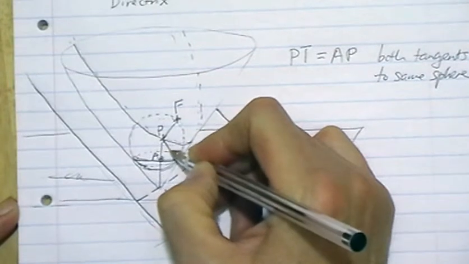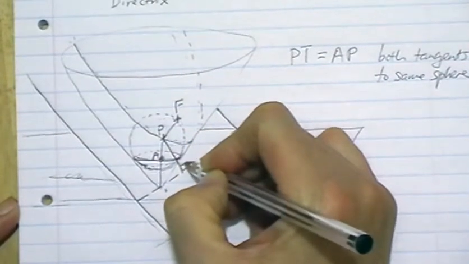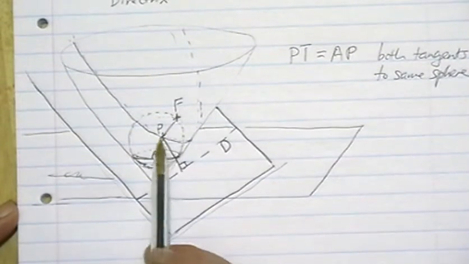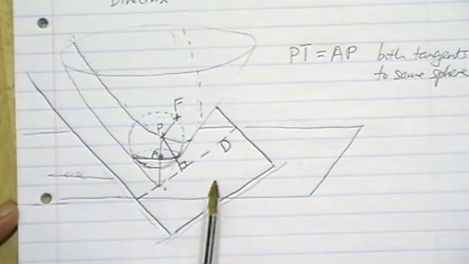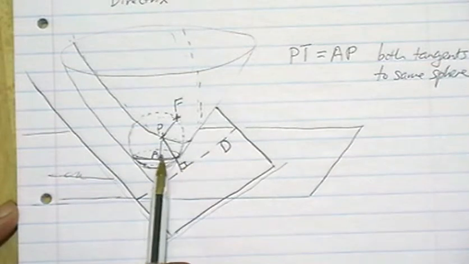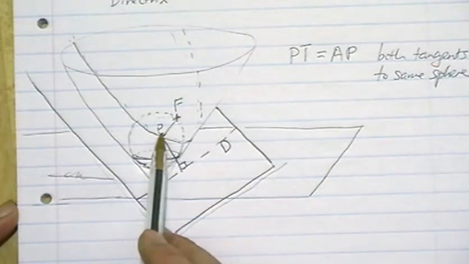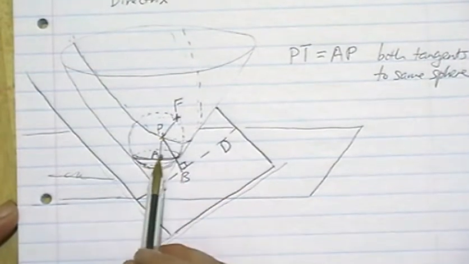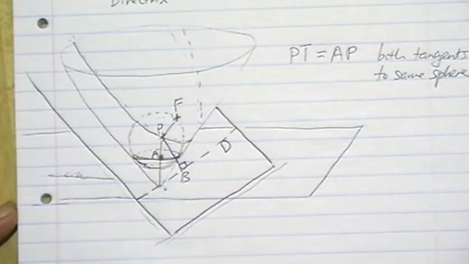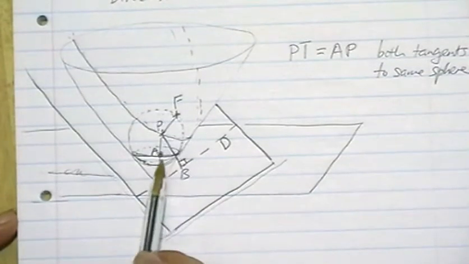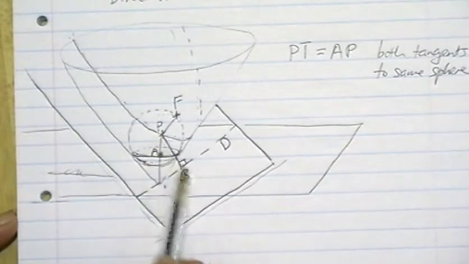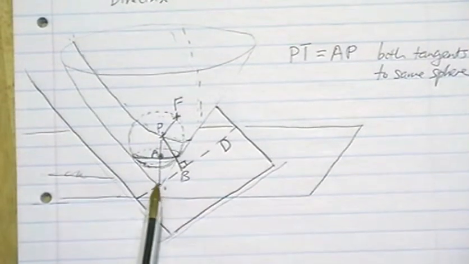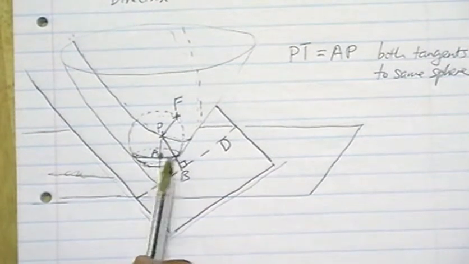Let me draw this line, the perpendicular line. Now since PF and PA are equal, I can also try and show that, let me call this point B, that PB is equal to PA. Now they really don't look equal. PA looks a lot shorter than PB, but remember this is supposed to be 3D.